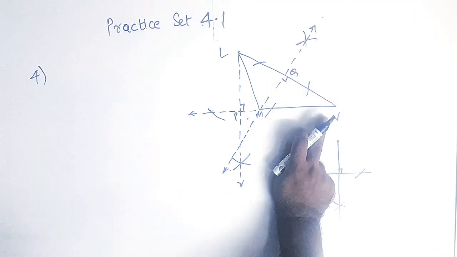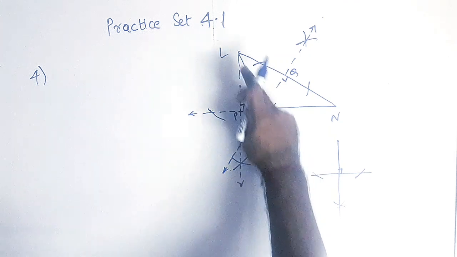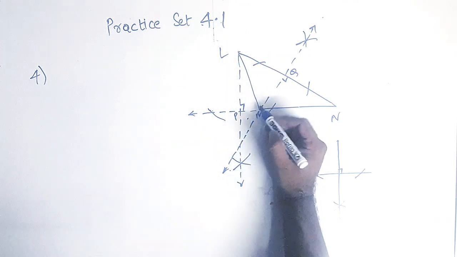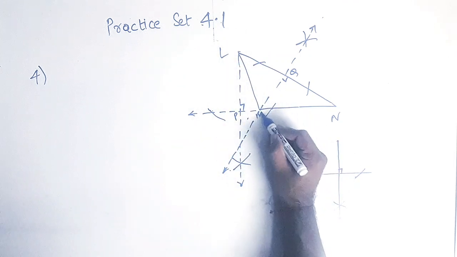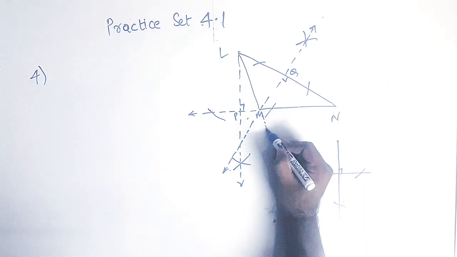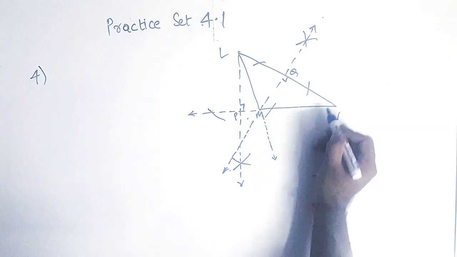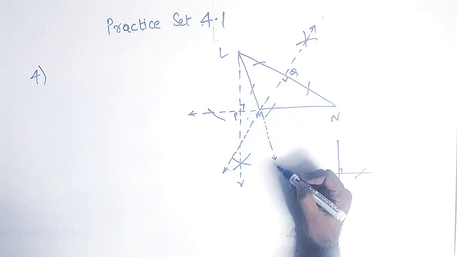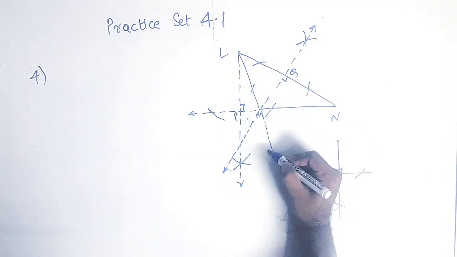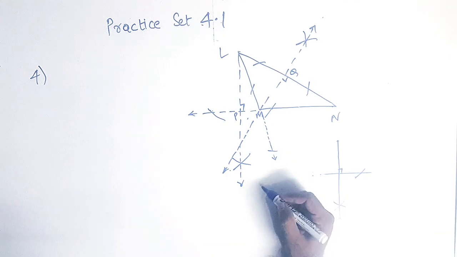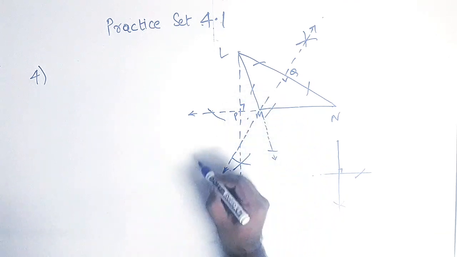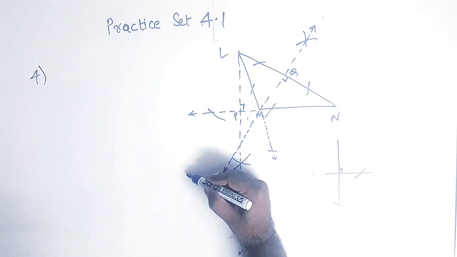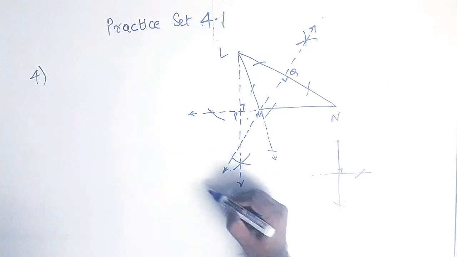Now you are at the third vertex, that is N. The opposite side is LM. So you have to extend this. From N you will take one arc here, another arc here. And then from here you will draw these two arcs.